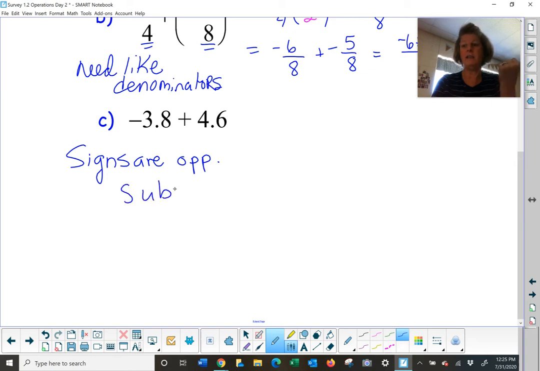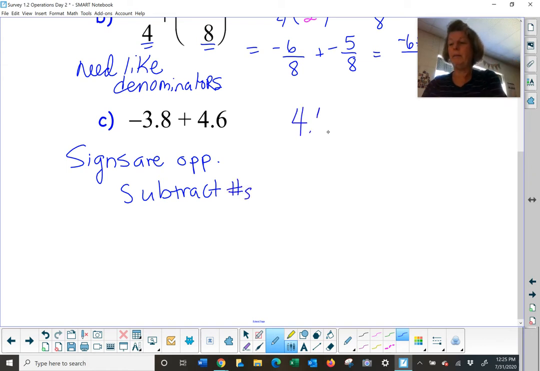I need to find a difference, right, between, subtract the numbers. So I'm going to put my larger one on top, my smaller one on the bottom, and I'm just first going to find the difference of them. And, ooh, it is a borrowing situation, isn't it? I need to borrow over.